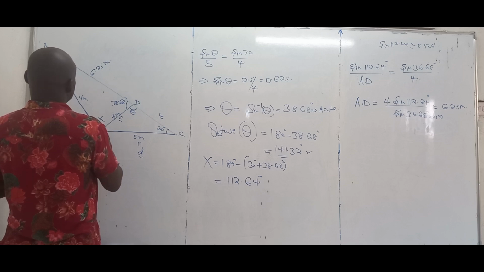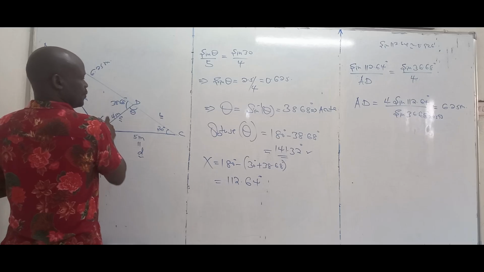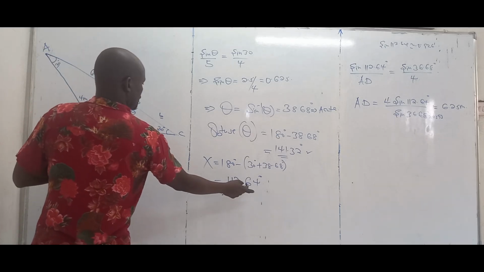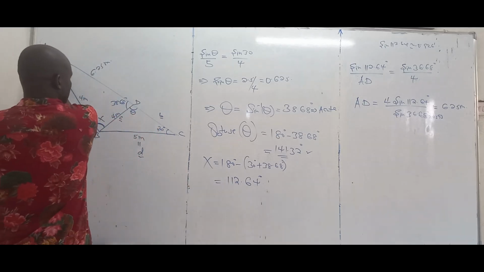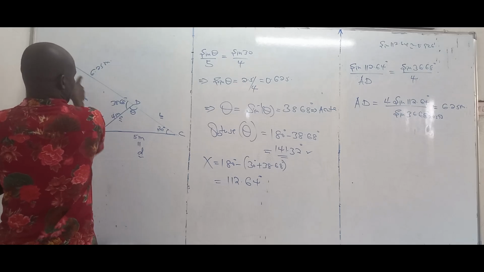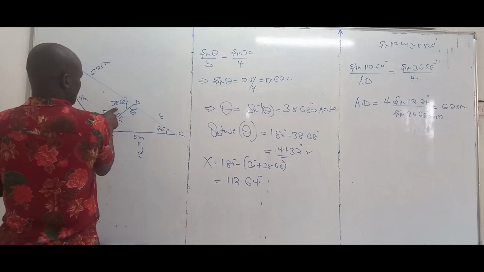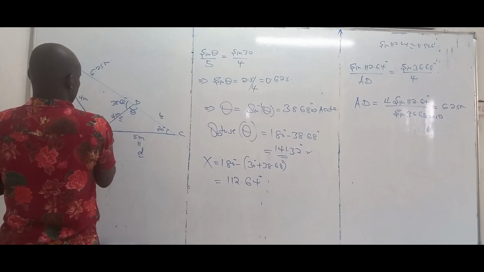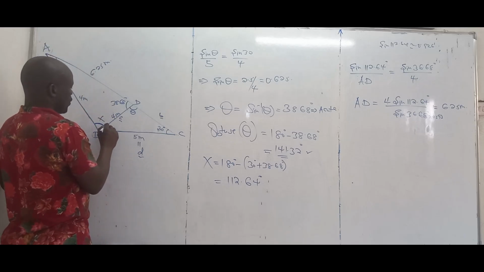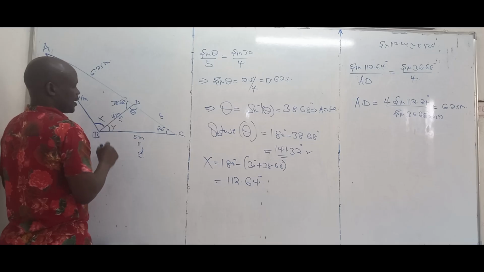But we can find this angle. So if X was this, so this plus this plus this subtracted from 180 will give us this angle here. So let me call this angle Y.